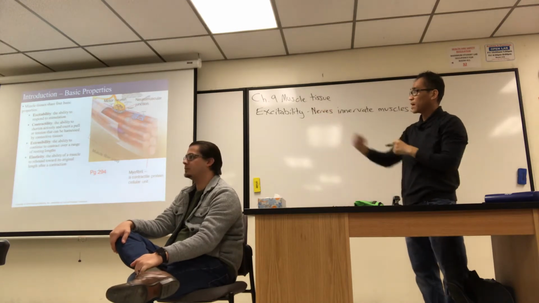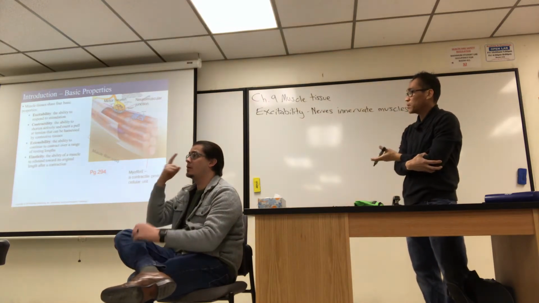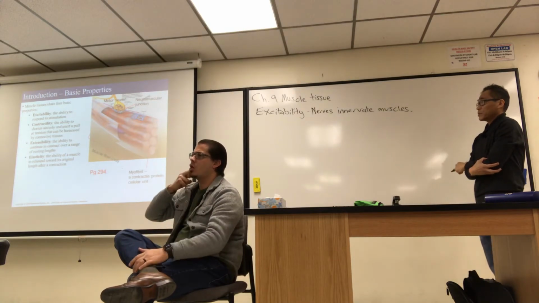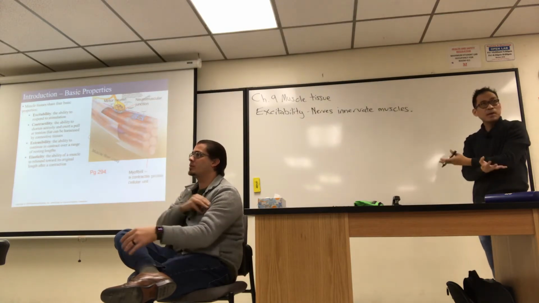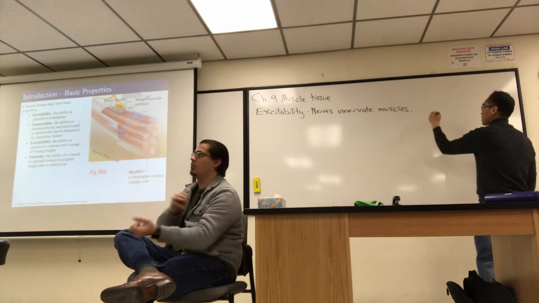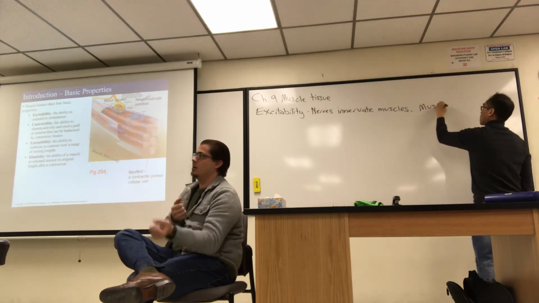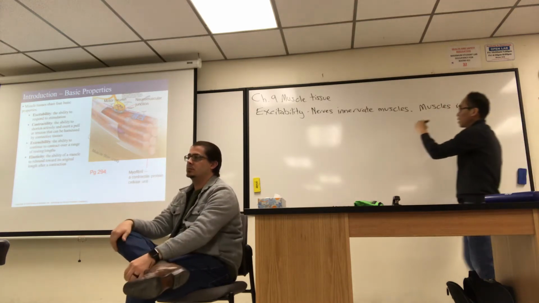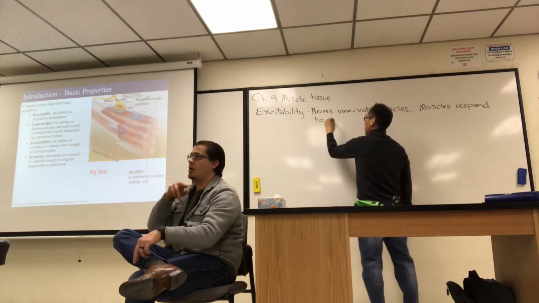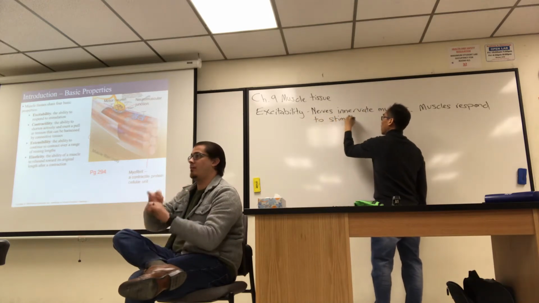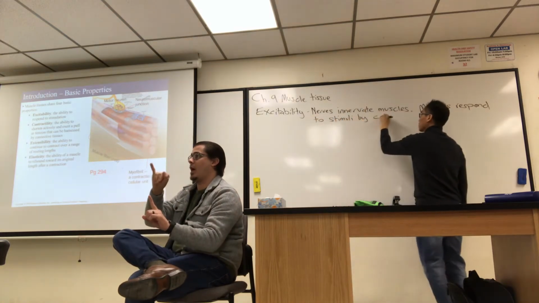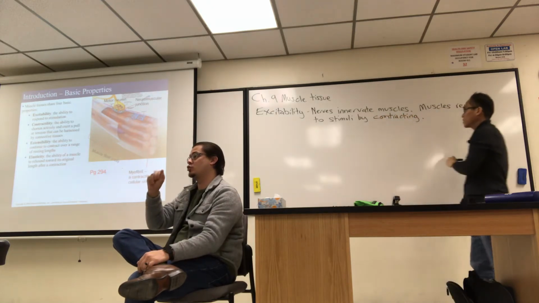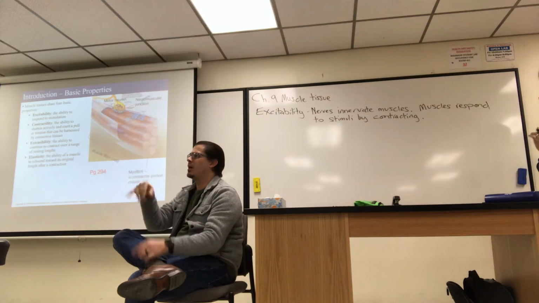So what I say on the slide is it's the ability to respond to this stimulation. So in the body, nerves innervate muscles and they're stimulated. And so muscles respond to this stimulus by contracting. That word means contracting, that word means shorten.